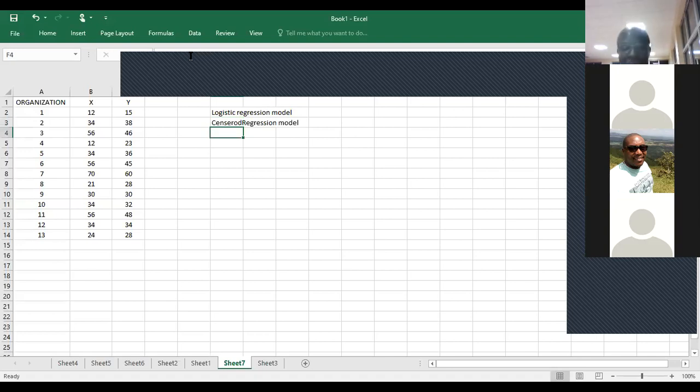Clear? Lastly, if this variable here, which is the dependent, is ordinal, ranking, Likert scale, again, you cannot use simple regression, multiple regression. You cannot use logistic regression. You cannot use censored. But the model you'll be building is called ordinal, because it's ordinal.